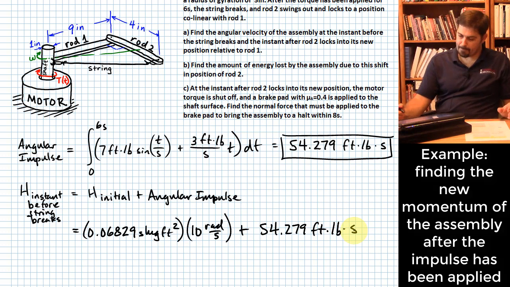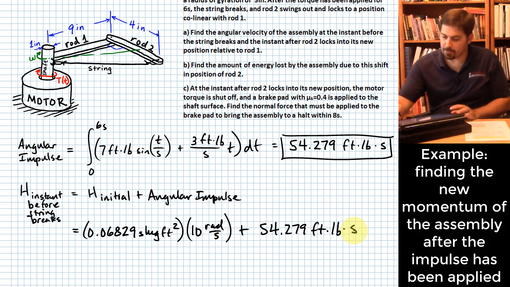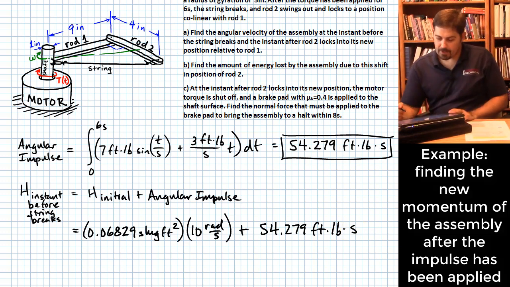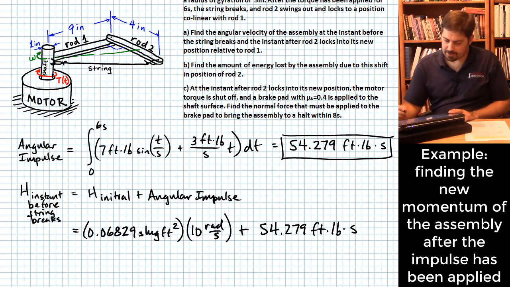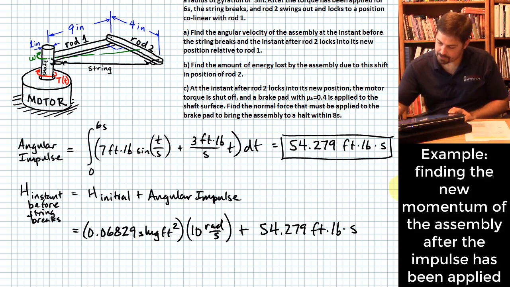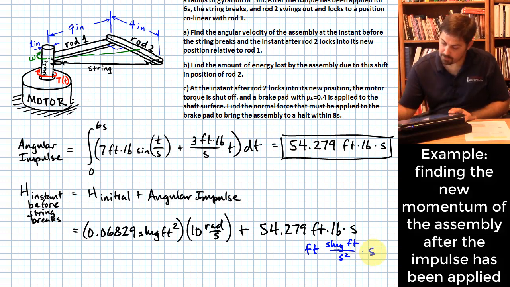Okay. Now let's actually spend a moment and think about these units here for just a second. So here we're talking about, let me actually work from this end, a foot-pound second. This would actually be a foot times, and a pound is a slug foot per second squared, and here we have seconds.